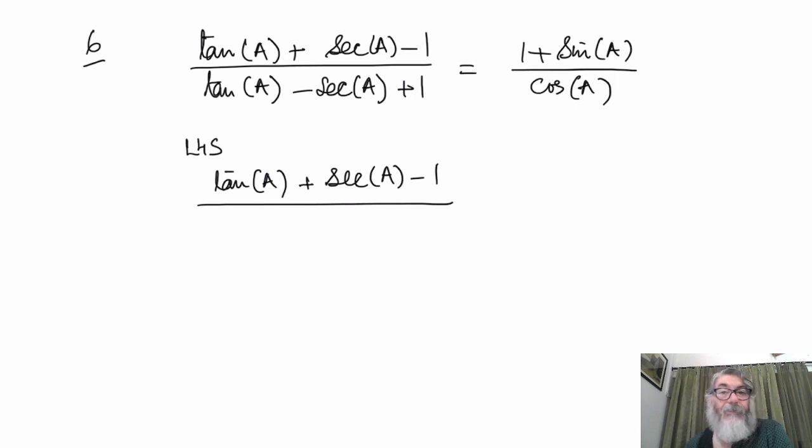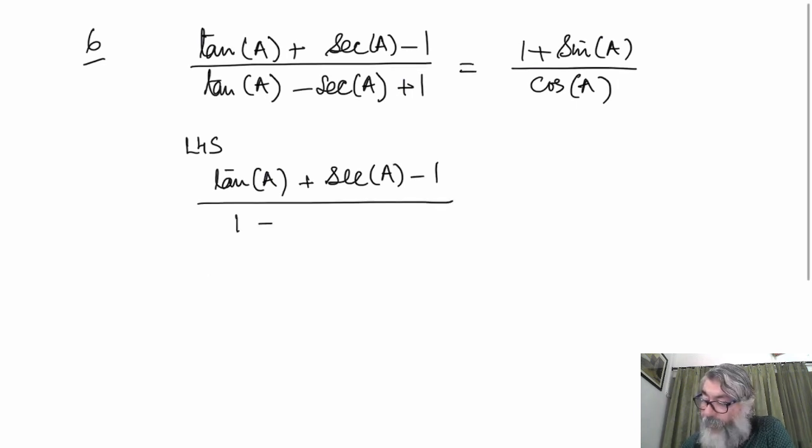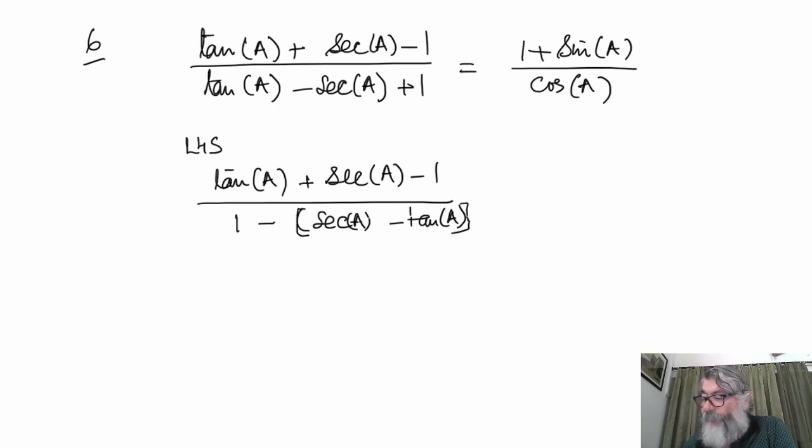Then what we do next is, in the denominator, take out common minus, so it becomes 1 - (sec a - tan a). If you remember, in previous lectures we told you about sec a + tan a into sec a - tan a.